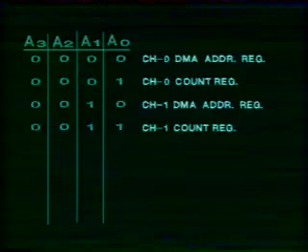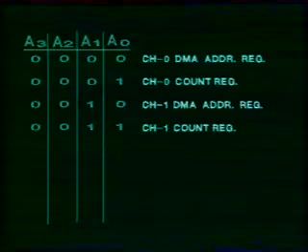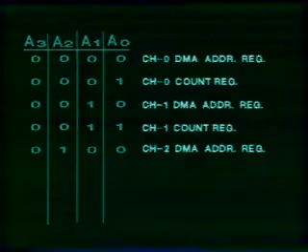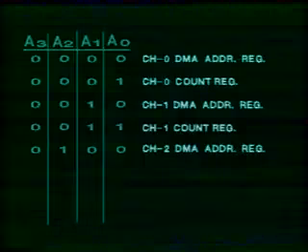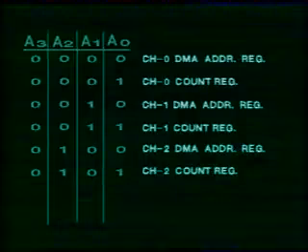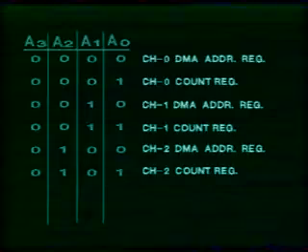Address 0011 is used for channel 1 terminal count register. Address 0100 is used for channel 2 DMA address register. Address 0101 is used for channel 2 terminal count register.